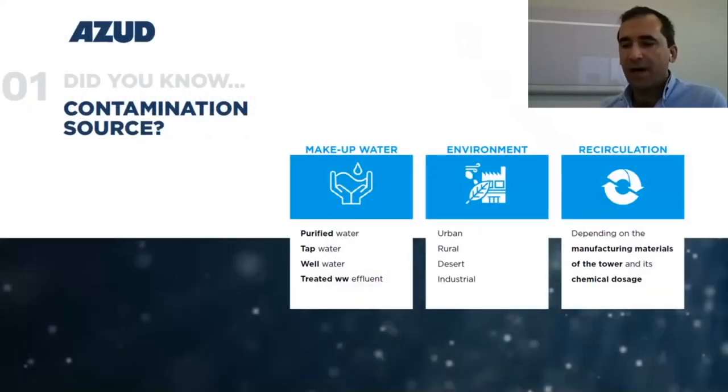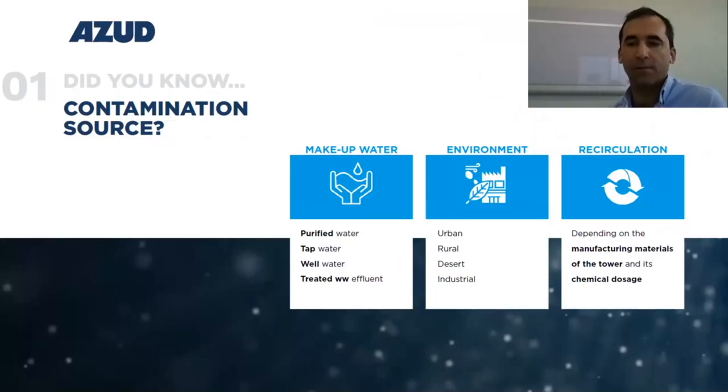First, we have the makeup water. In a cooling tower, the water flows in a refrigeration circuit where it could get polluted by different sources. Makeup water could lack adequate treatment, supplying poor quality water to your cooling system.